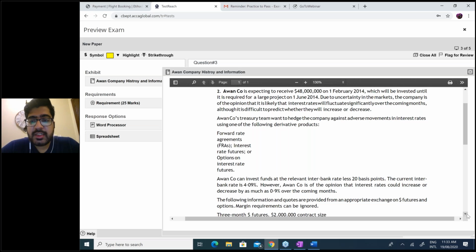Due to uncertainty in the markets, the company is of the opinion that interest rates will fluctuate significantly over the coming months, although it is difficult to predict whether they will increase or decrease.